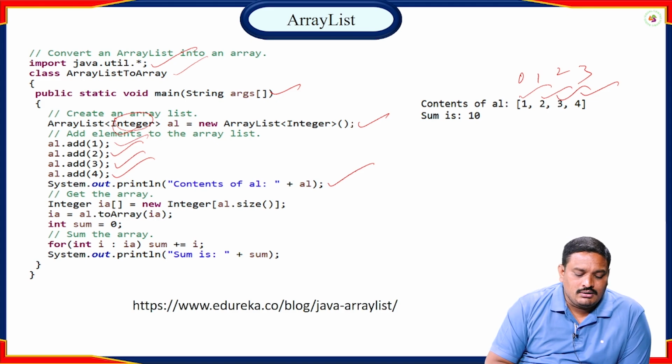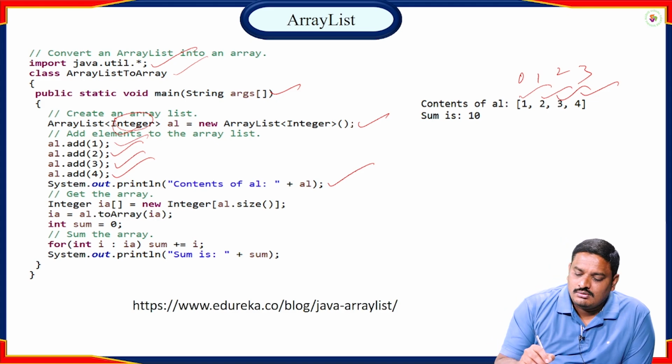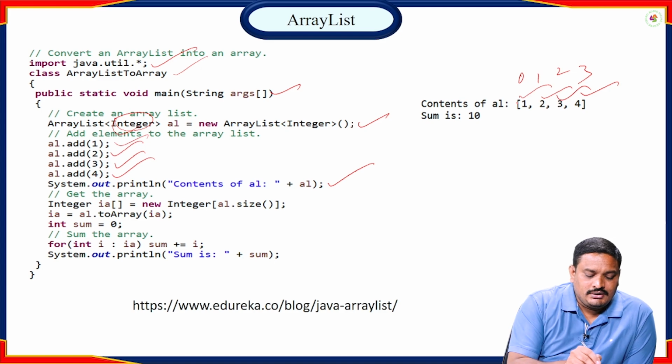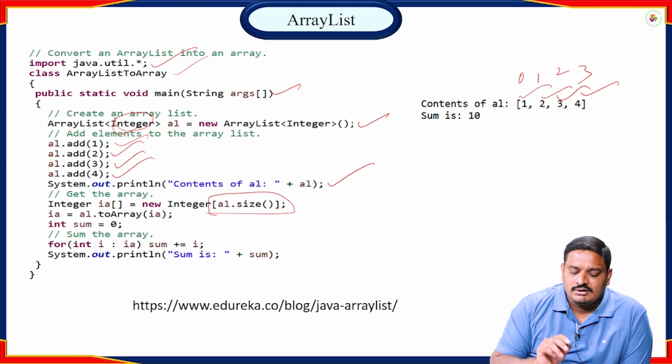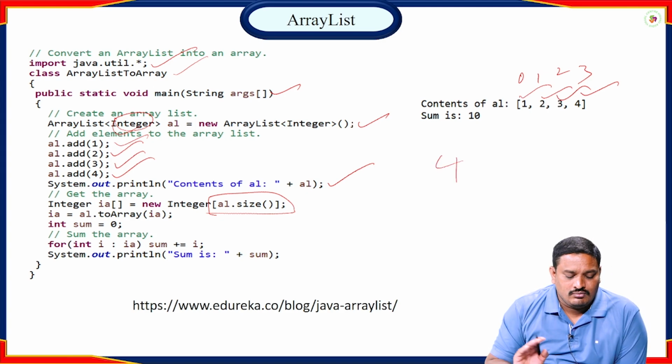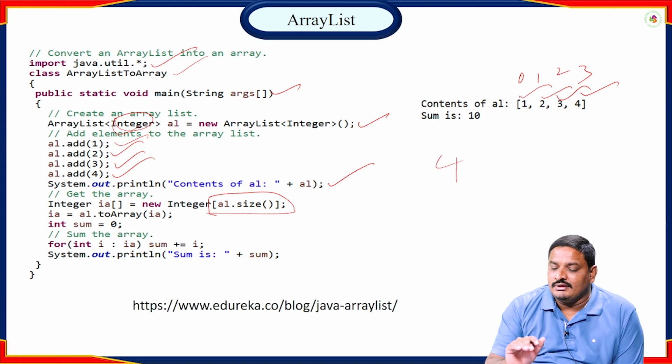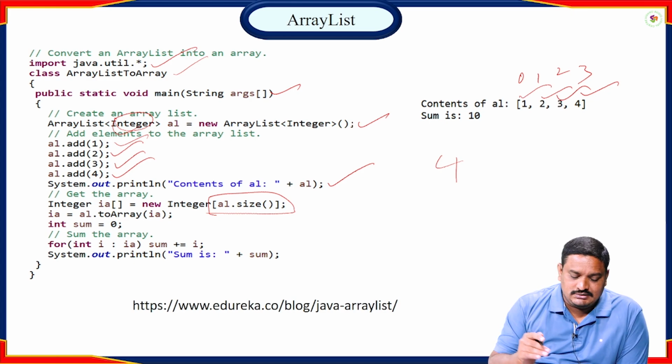Now to get an array, meaning to display the array elements, Integer IA equal to new Integer, using the size. What is the size of this list? 4. Now we can add all the elements in the array list.